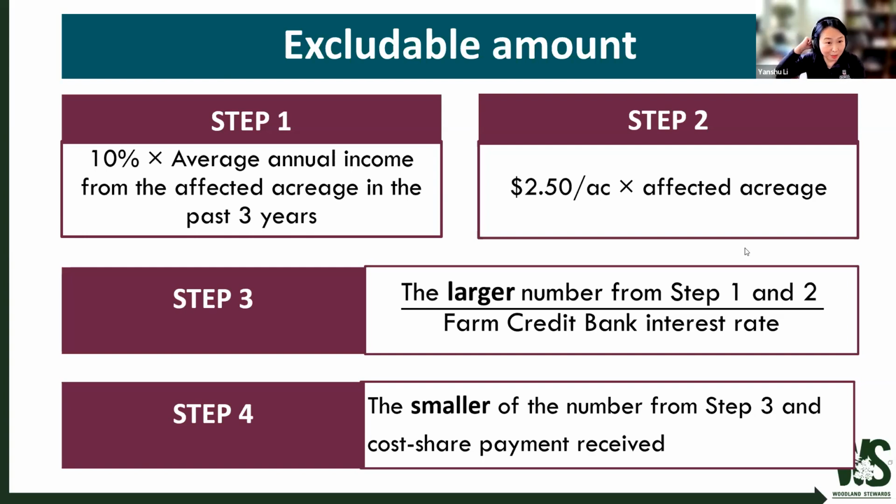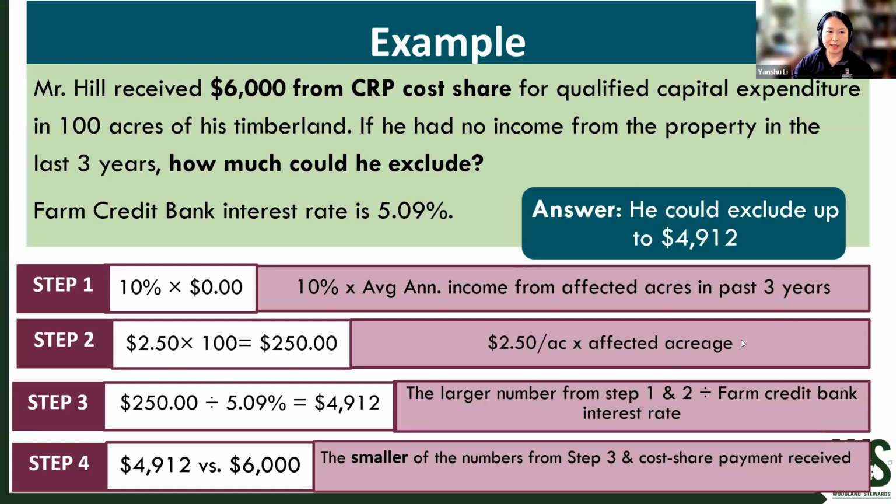So it's quite complicated. You don't need to remember all those, but keep those in your file in case you receive the payment. Then you can do the calculation, or you share this with your tax advisor to see if it's worthwhile to exclude the income or the payment from your cost share program. And here is basically an example showing how to do the calculation. You don't need to do all those calculations.